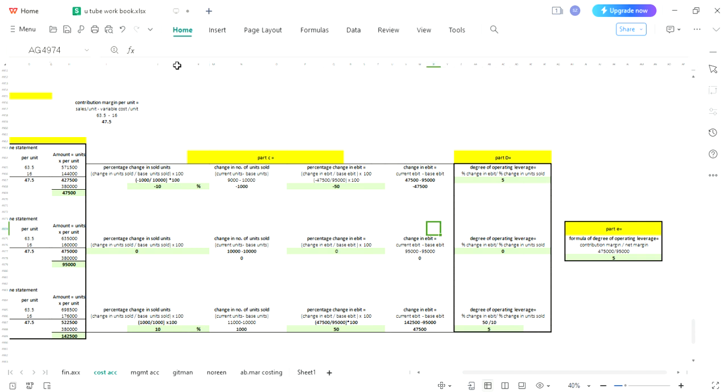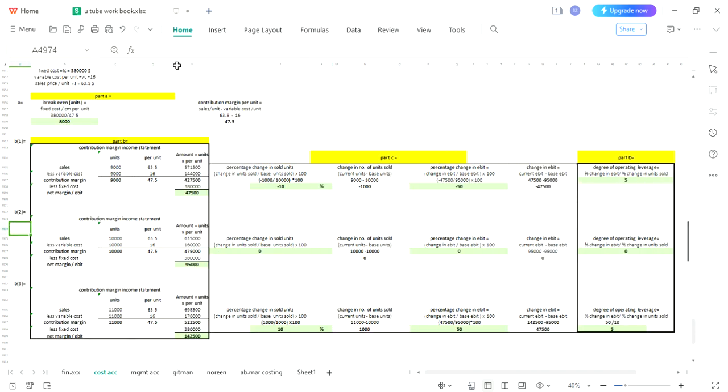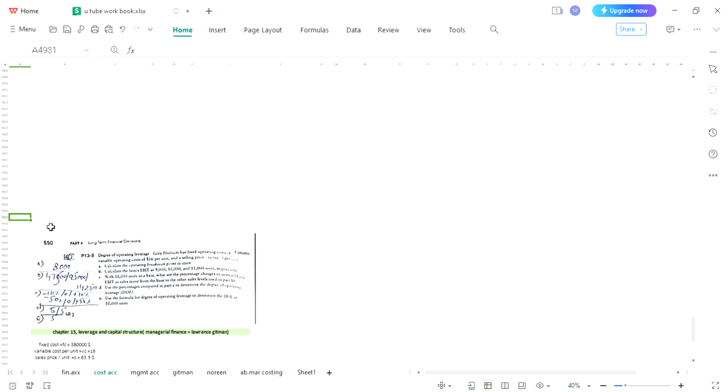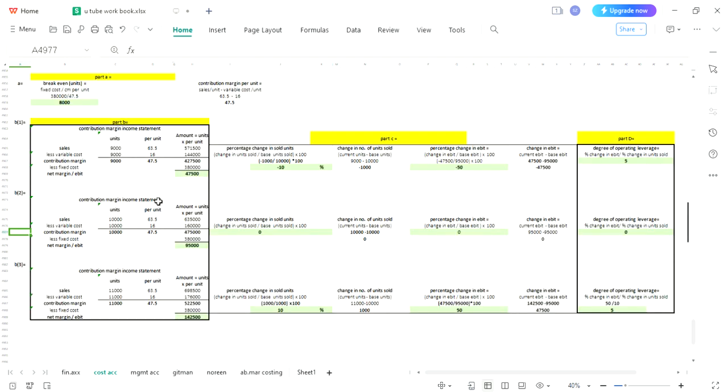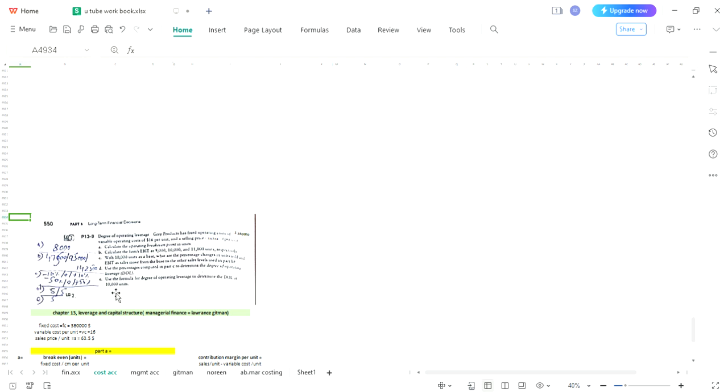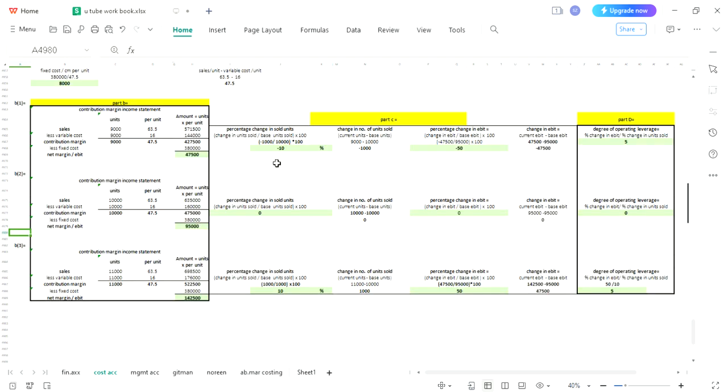And here the next minute is very important because we are going to review this question. Part A had 8,000 as the answer. Part B had 3 answers: 47, 95, 142. This is your part B. Go up. Part C had 6 answers: 10, 0, 10, 50, 0, 50.